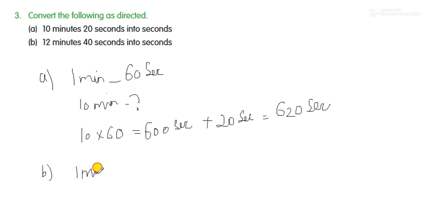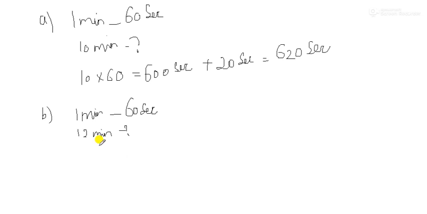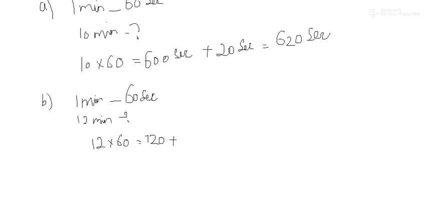Here 1 minute equals 60 seconds, and 12 minutes equals 12 into 60, which is 720, plus 40 seconds, so it's 760 seconds.